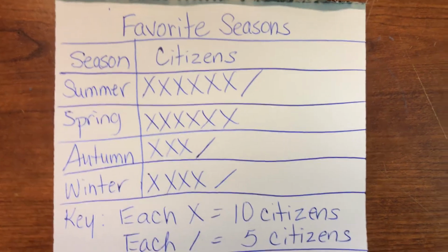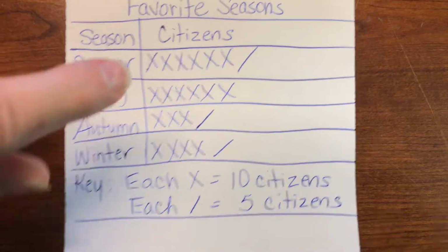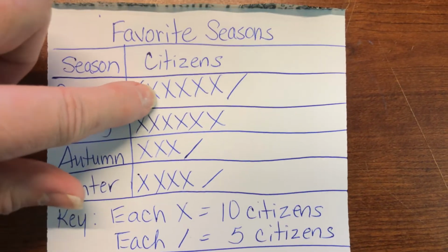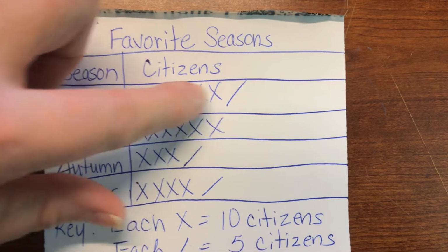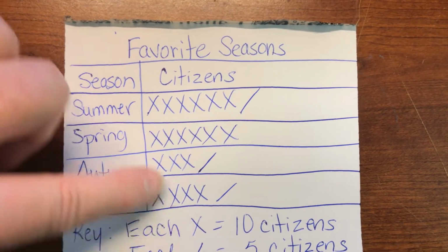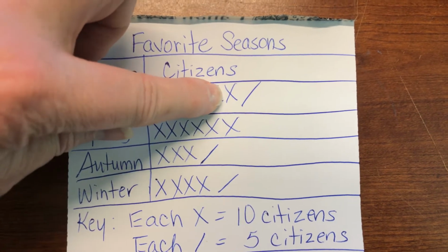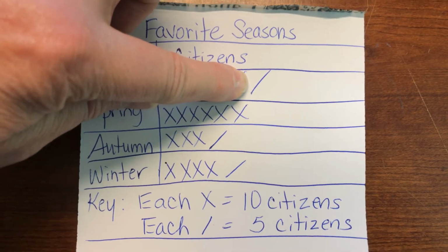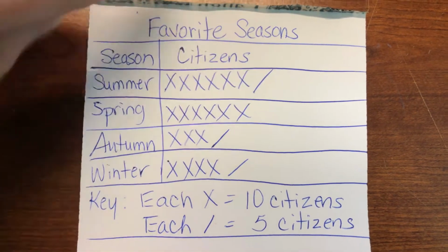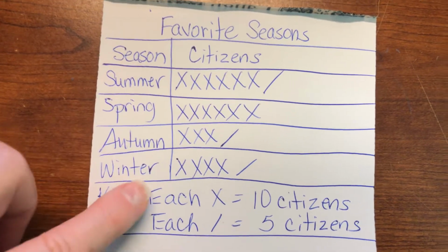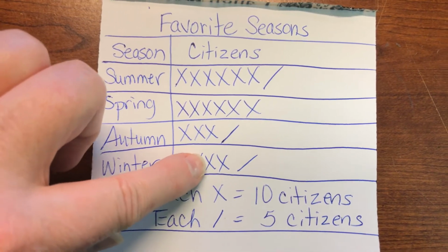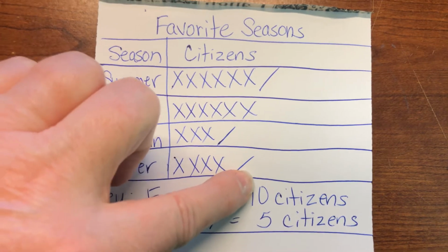So let's do that first. For summer, there are 1, 2, 3, 4, 5, 6. 6 times 10. So let's count by tens. 10, 20, 30, 40, 50, 60, and a half of X equals 5, 65. Preferred summer. Winter had 10, 20, 30, 40, 45.